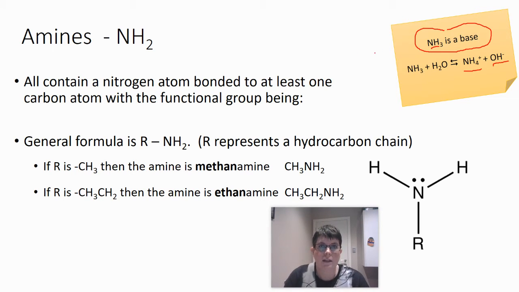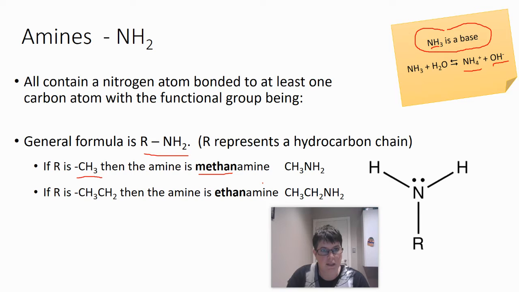So amines are similar to ammonia, except one of the hydrogens has been replaced with a hydrocarbon chain. So amines have the general formula RNH2, where the R represents a hydrocarbon chain. If R is CH3, a methyl group, then we will have CH3NH2, which is methanamine.